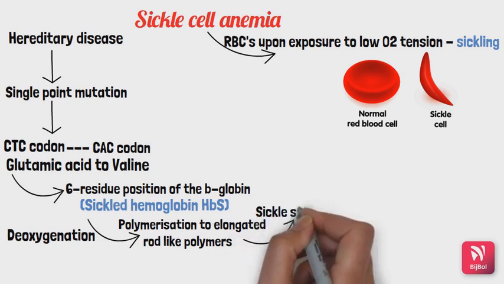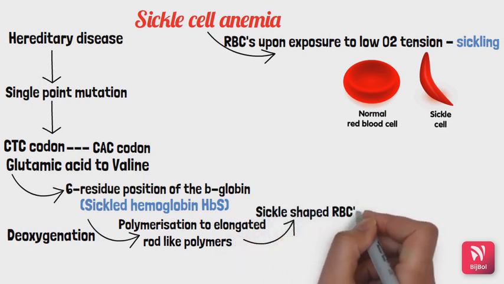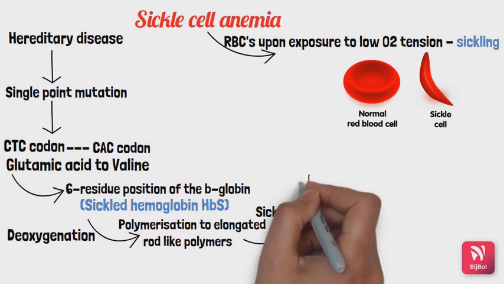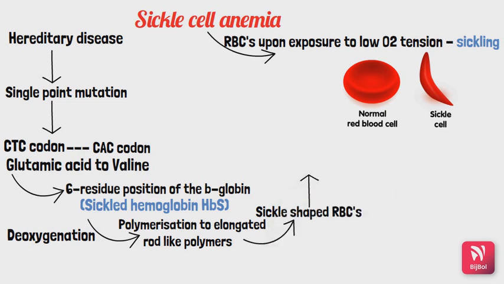Basically, this sickle shape of RBCs can be reversible to normal biconcave disc-shaped RBCs upon reoxygenation, provided that the membrane is not damaged.